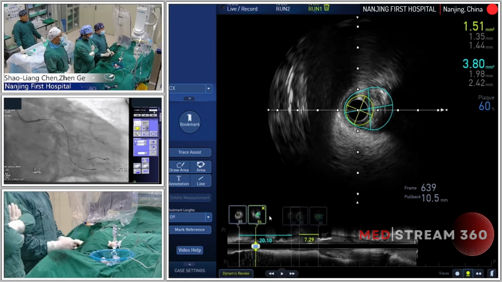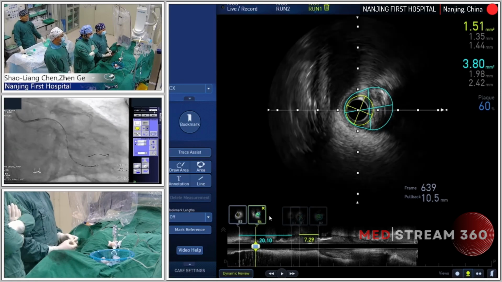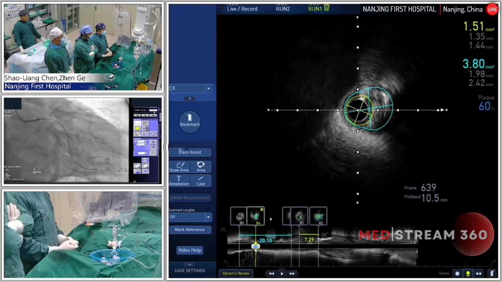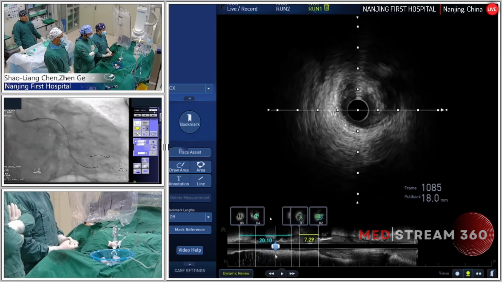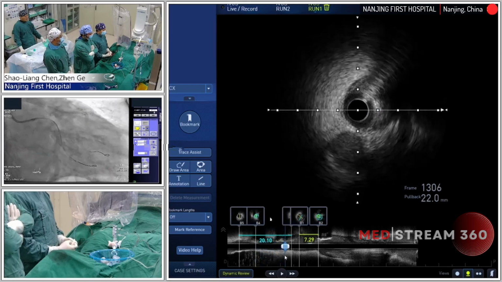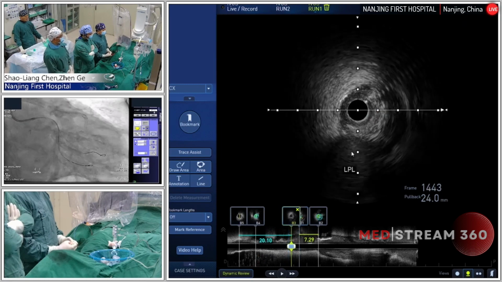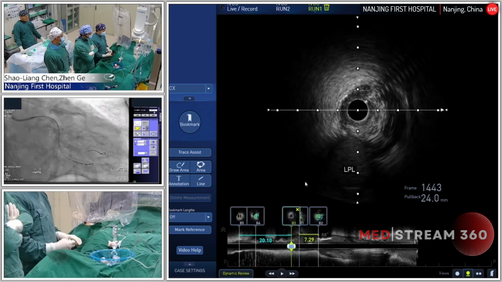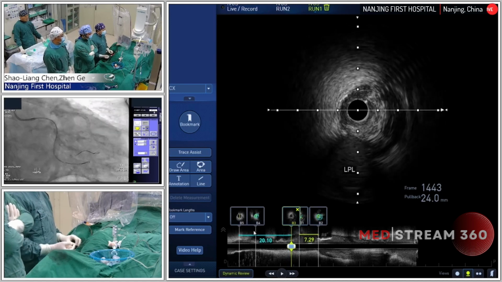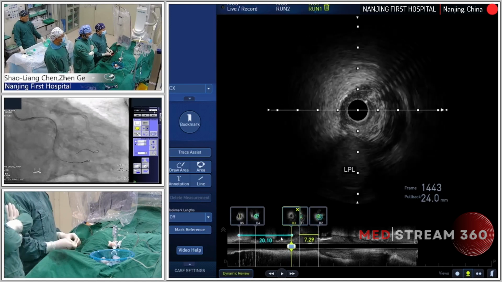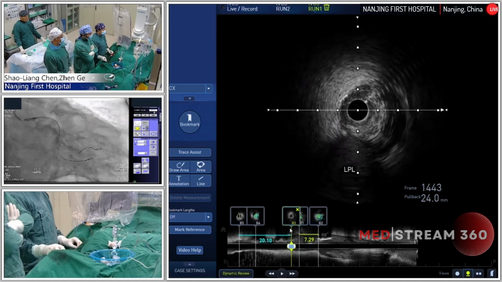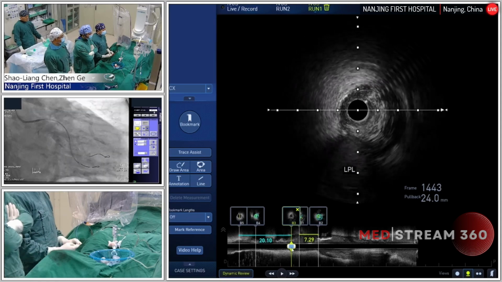The area is just 1.5 millimeter square, and the plaque burden is about 60%. Then going on pullback, here we find the bifurcation. This is the PL and circumflex bifurcation. The distance from the distal landing zone to the circumflex and PL bifurcation is 20 millimeter.